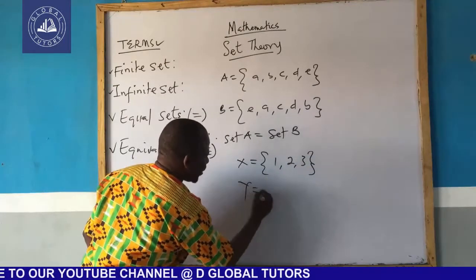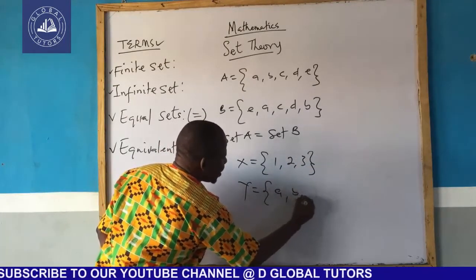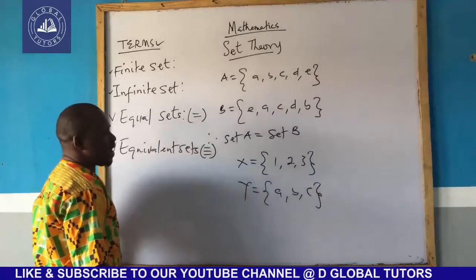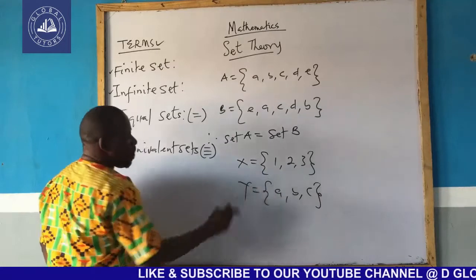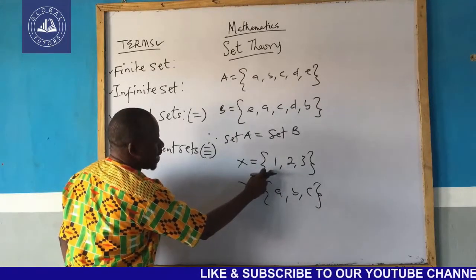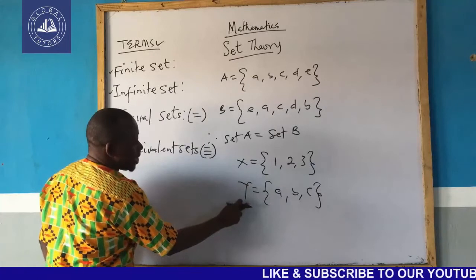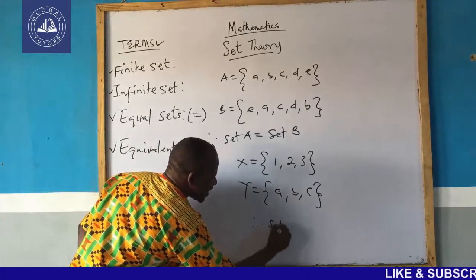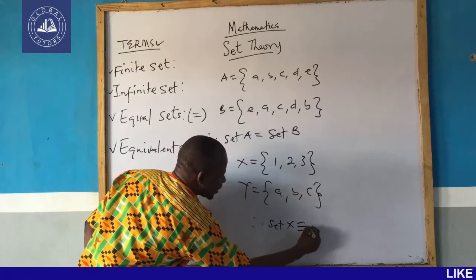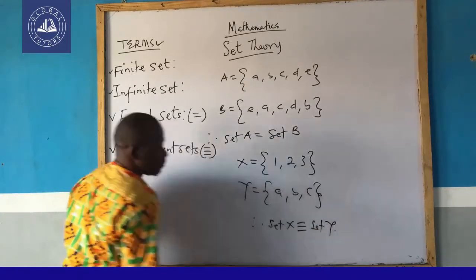You have Y, {A, B, C}. Now, if you look at it, the elements in X are not the elements in Y. But how many elements do we have in X? 1, 2, 3. How many elements do we have in Y? 1, 2, 3. It follows therefore that set X is equivalent to set Y.